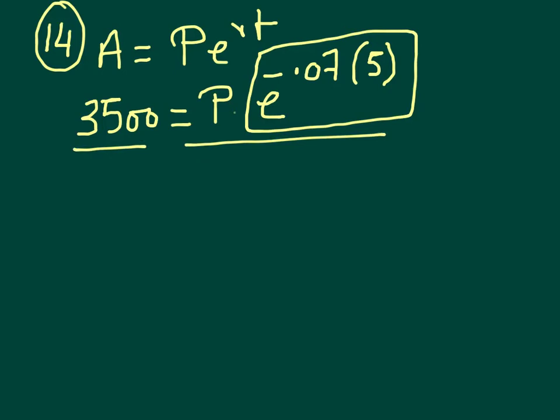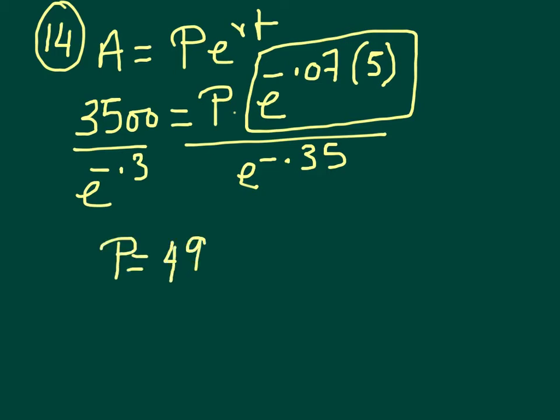If you divide both sides by e raised to the negative 0.35, solving for P, you're going to have 4,966.74. This is a decline, so it started at about 5,000 and then declined to 3,500.